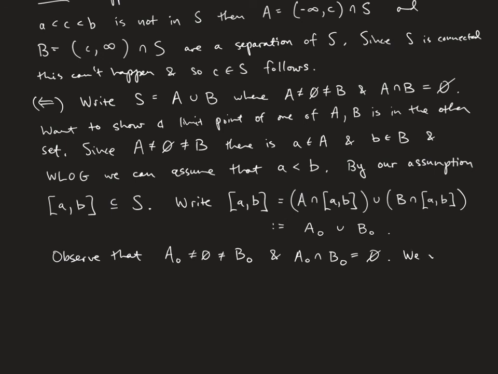So we will show that a limit point of one of A naught and B naught is in the other set.